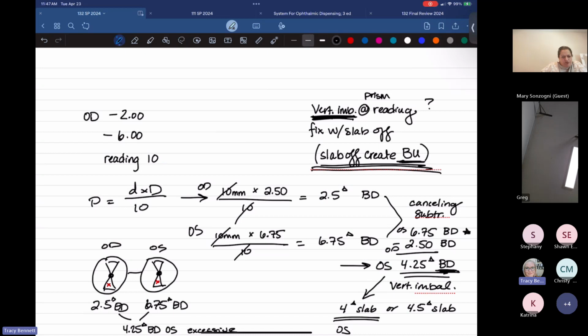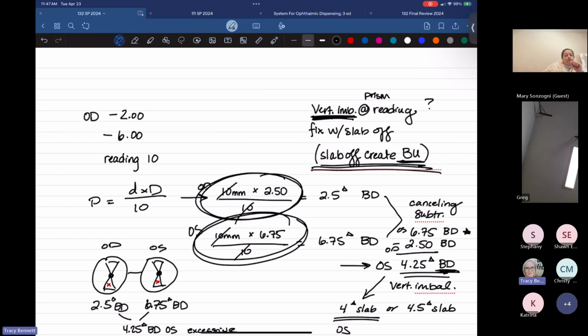But if you just look at this one, because of that whole 10-10 thing that I was saying, you don't have to do any fancy calculations. You can just say, well, it was 10 millimeters. Because if I put that in Prentice's rule, it would have been 2 times 10 divided by 10. And remember, those cancel out, so we'd end up with 2 diopters of prism anyway.